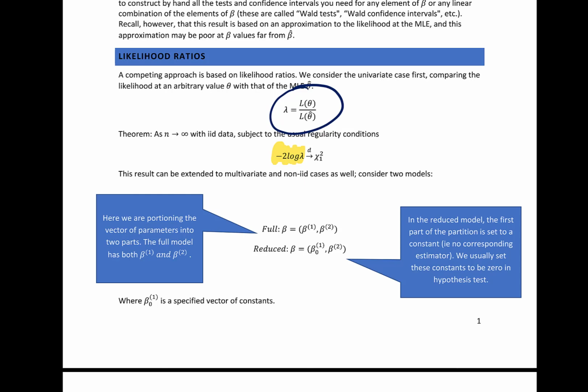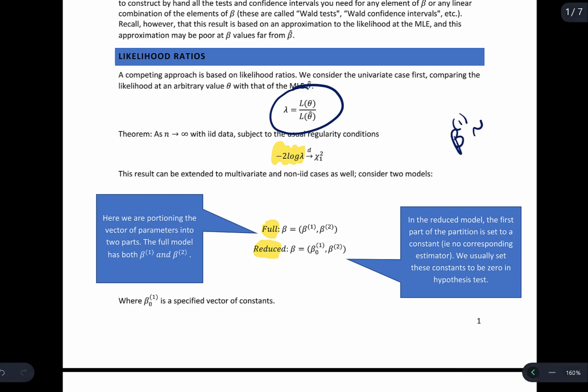So for example, consider 2 models. We're going to have a full model and a reduced model. A couple of things to note on notation here. First, notice that we have beta superscript 1.